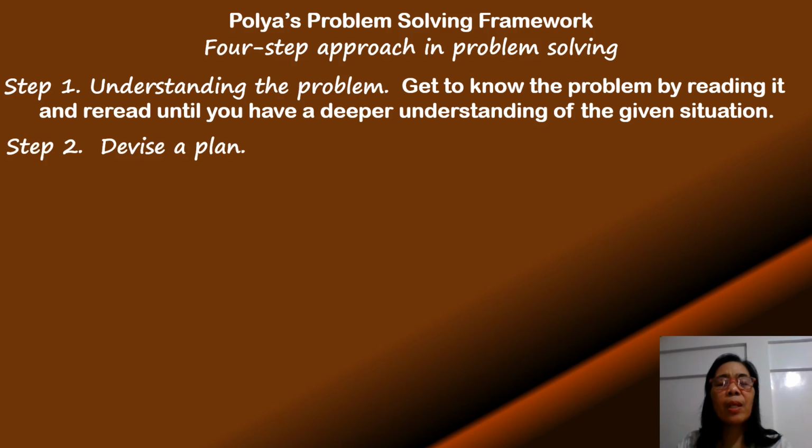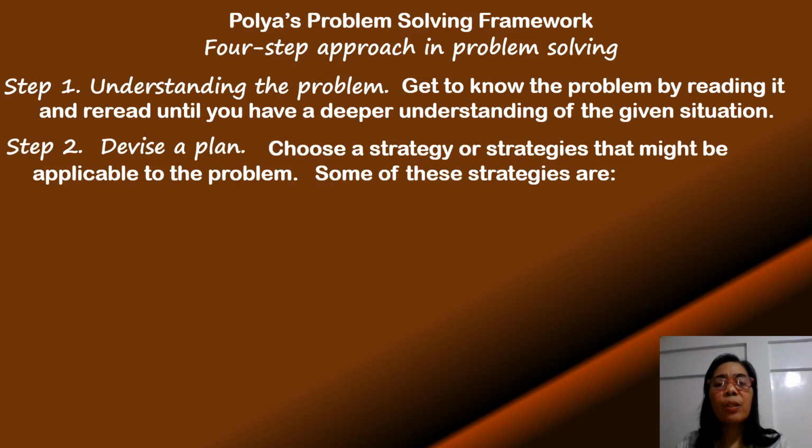The second step is to devise a plan. To devise a plan is to choose a strategy or strategies that might be applicable to the problem. It is important to know that different types of problems have an appropriate strategy to solve them.